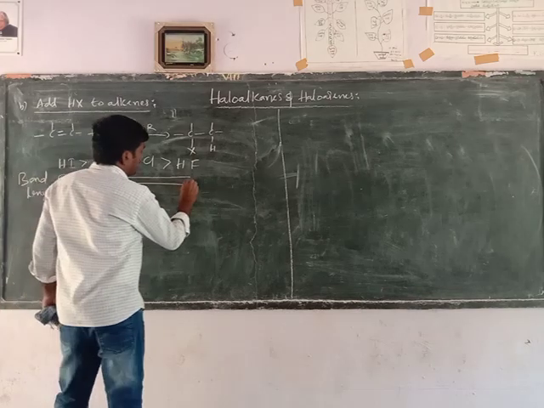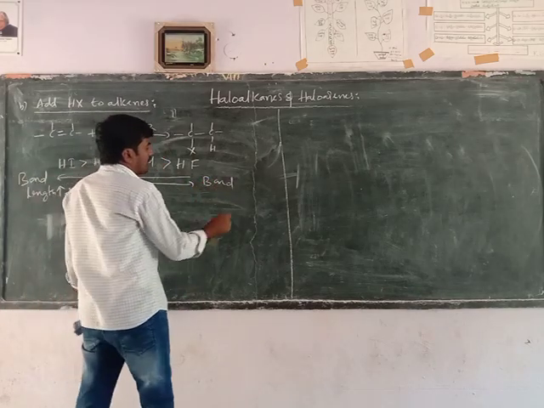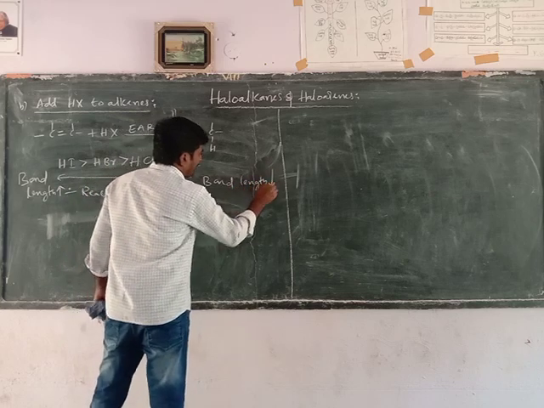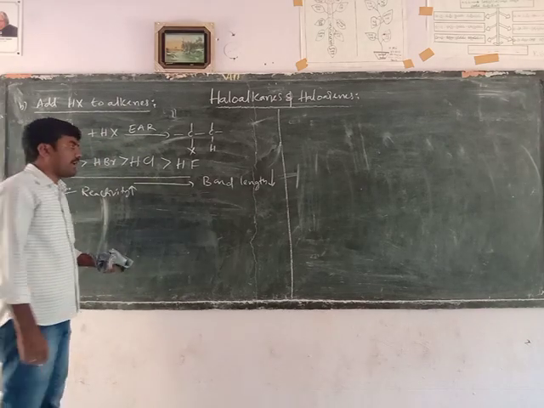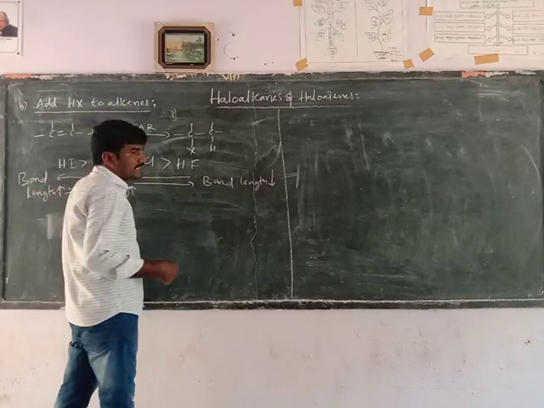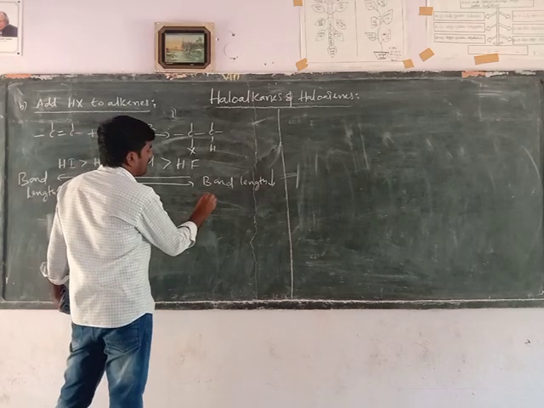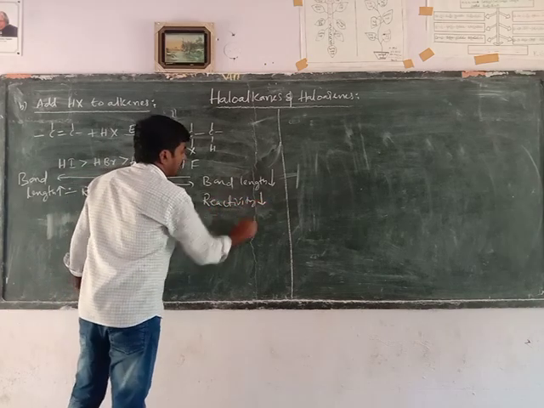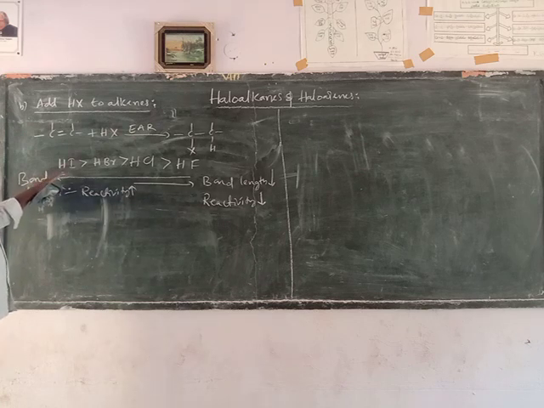In the opposite direction, the bond length of hydrogen and halogen decreases. As the bond length between hydrogen and halogen decreases, the bond strength increases, so breaking the bond requires more energy. So reactivity decreases. This is the order of reactivity of hydrogen halides towards alkenes.